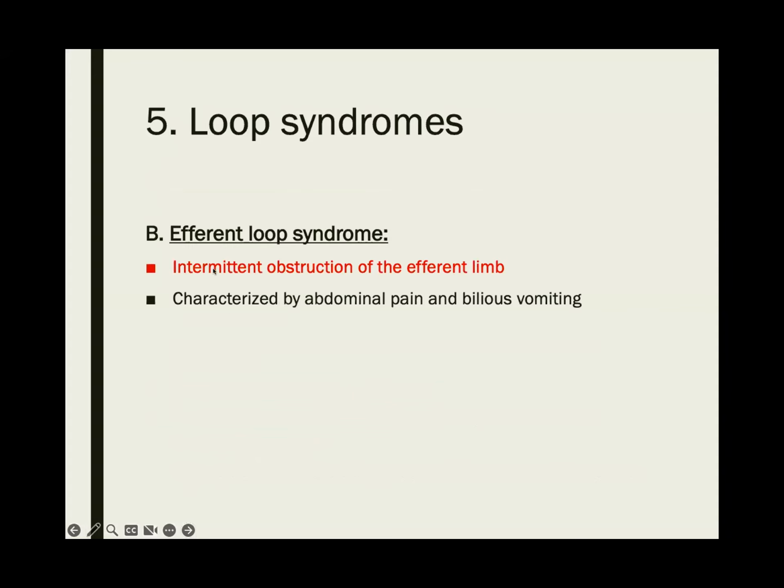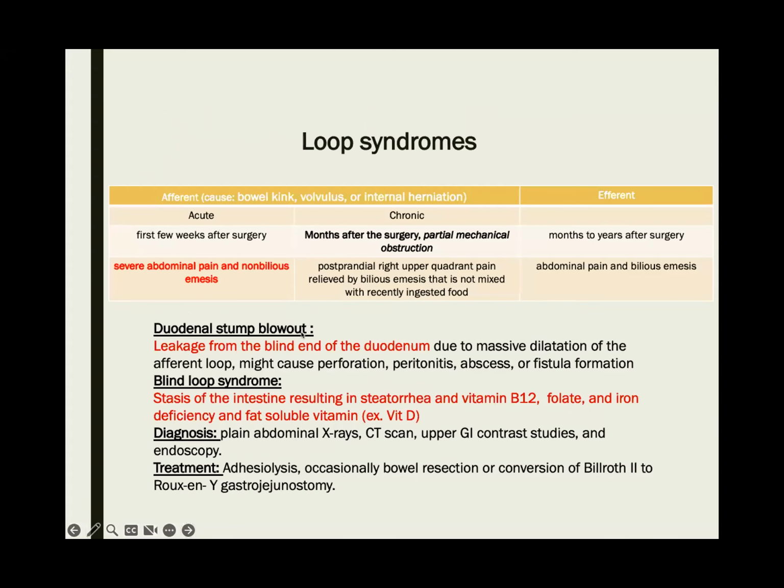The efferent limb obstruction is characterized by abdominal pain and bilious vomiting. The duodenal stump, as we said, is related to the obstruction under pressure.